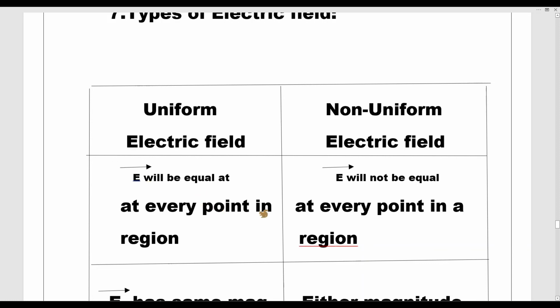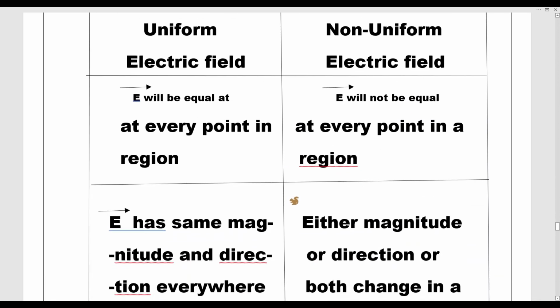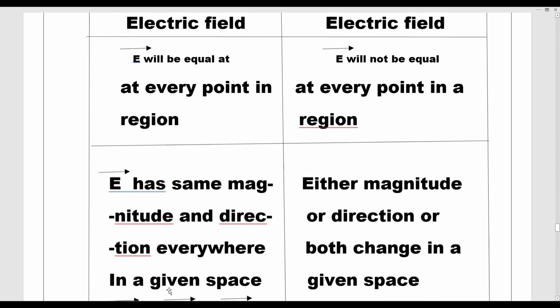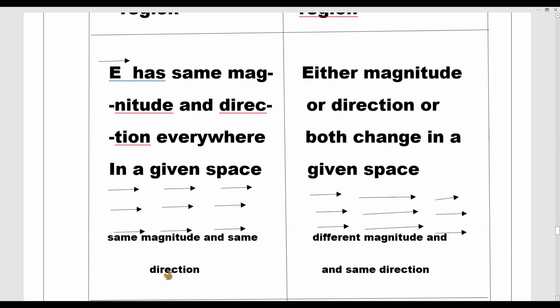And in non-uniform electric field, the value of electric field at every point in a region will not be equal. It varies. In uniform electric field, the electric field has the same magnitude and same direction everywhere in a given space. But in non-uniform electric field, either magnitude or direction or both change in a given space.